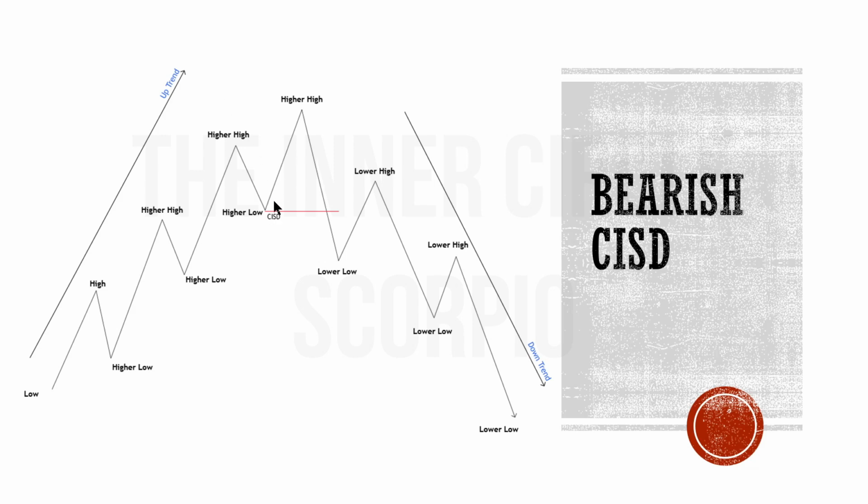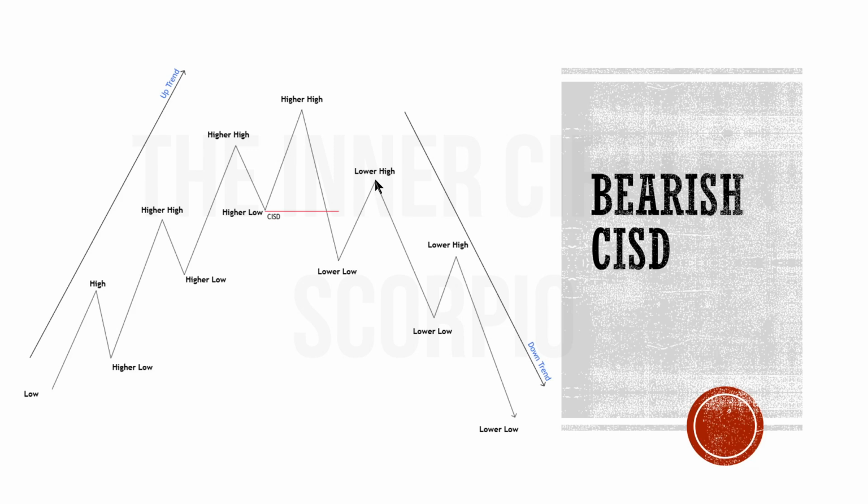But as soon as we make a higher high, then the next low is lower than the other low, we see a change in state of delivery. We have to see a lot of fair value gaps get created over here with speed. Okay. And when that happens, the next high should not go above this high. This will constitute a change in state of delivery.